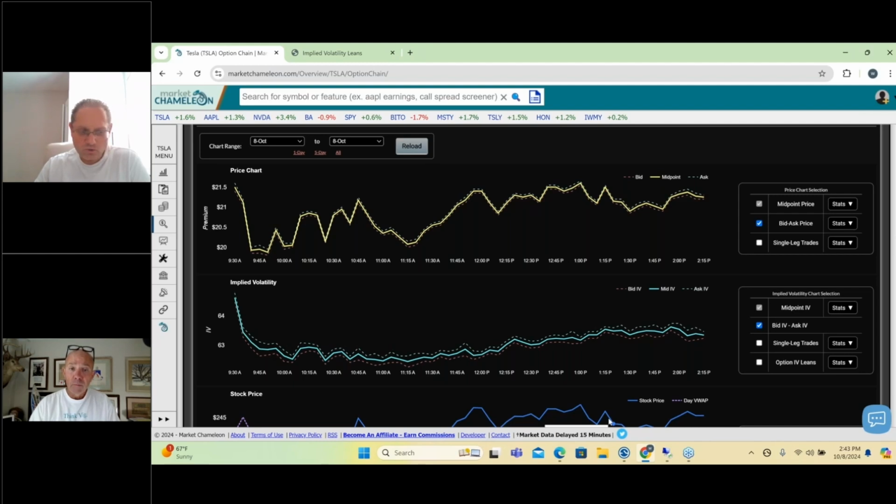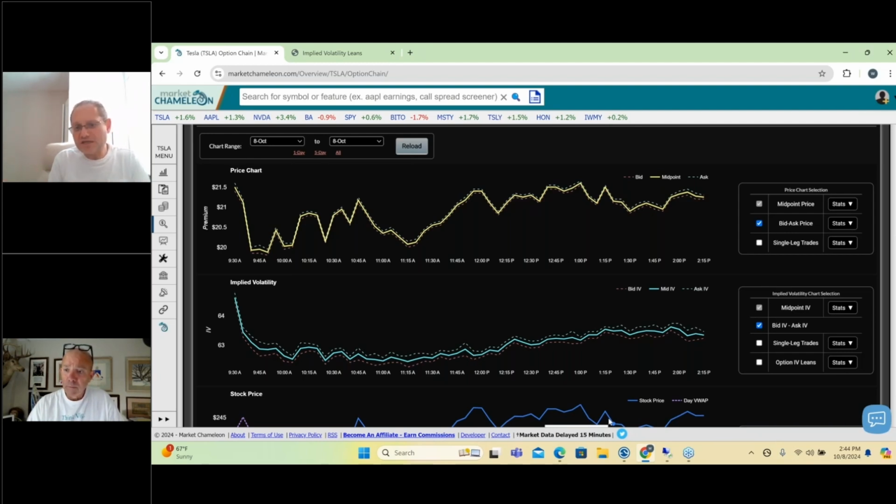But that doesn't tell us the whole story, because you could have a midpoint with a very wide market, or a midpoint with a very narrow, tight market, the same midpoint. So we need to see the implied volatility of the bid and the implied volatility of the ask to see how far apart they are. Do they move further apart?